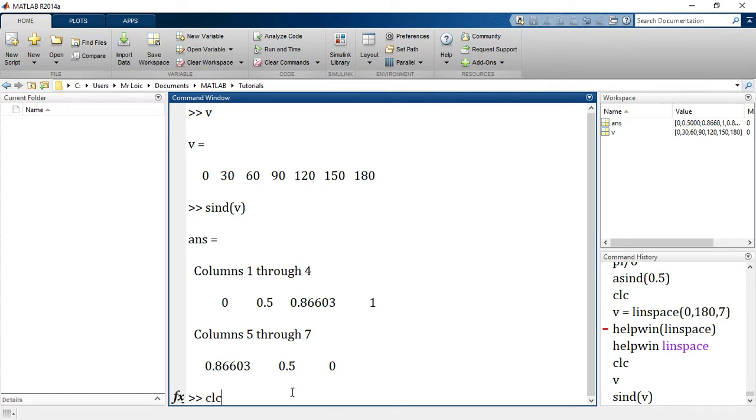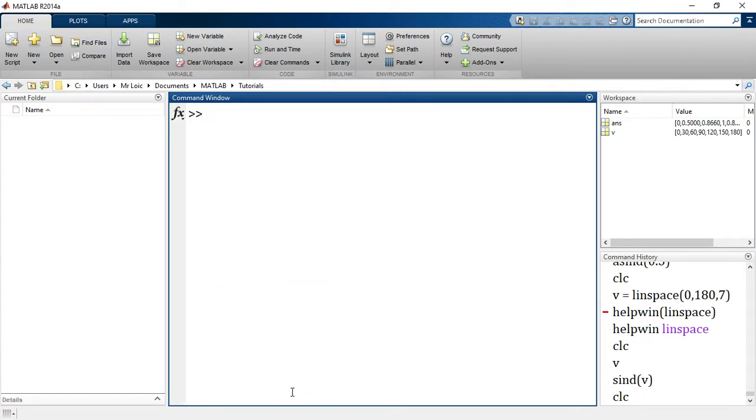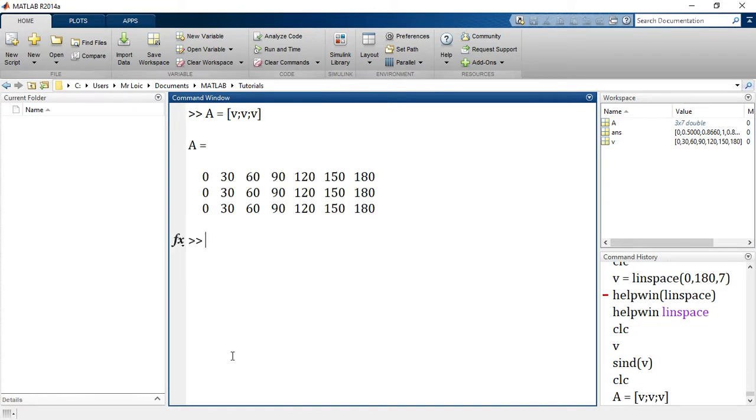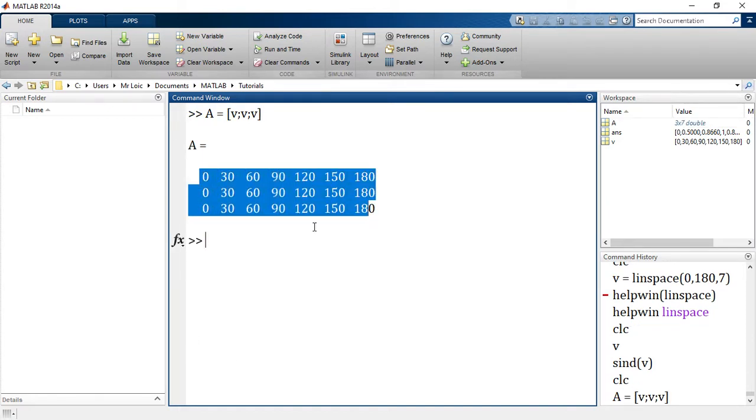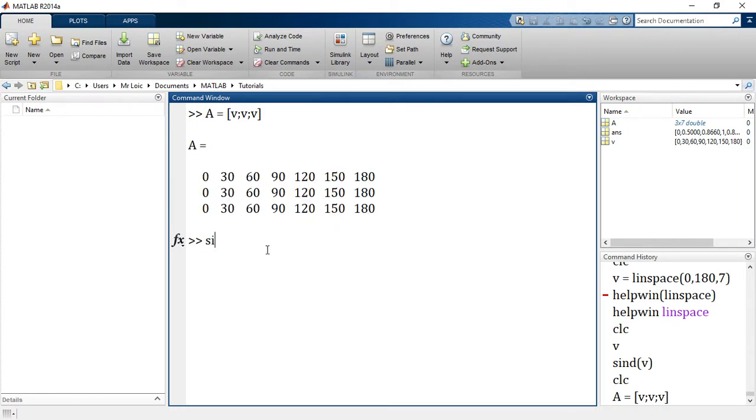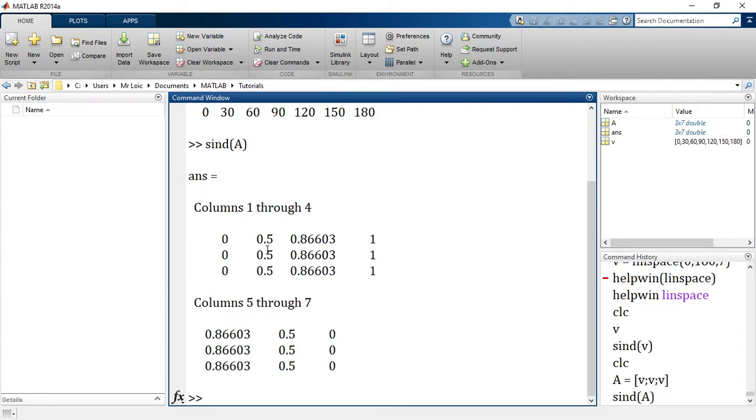And it goes exactly the same for arrays. So if I say A is equal to an array, forget about that, just focus on the array A. If I say sind of A, what happens?